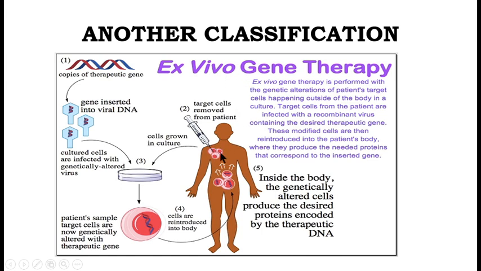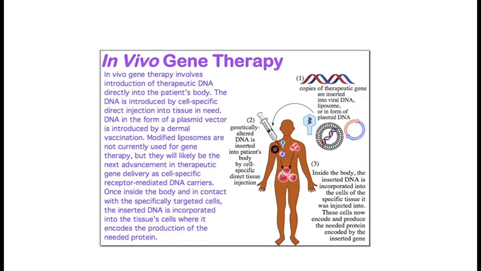That means you are modifying the cells, you are inserting the therapeutic gene outside the body. Another type of gene therapy is known as in vivo gene therapy, and as the name indicates, you are actually delivering the gene to the inside of the body without removing the cells from the patient.